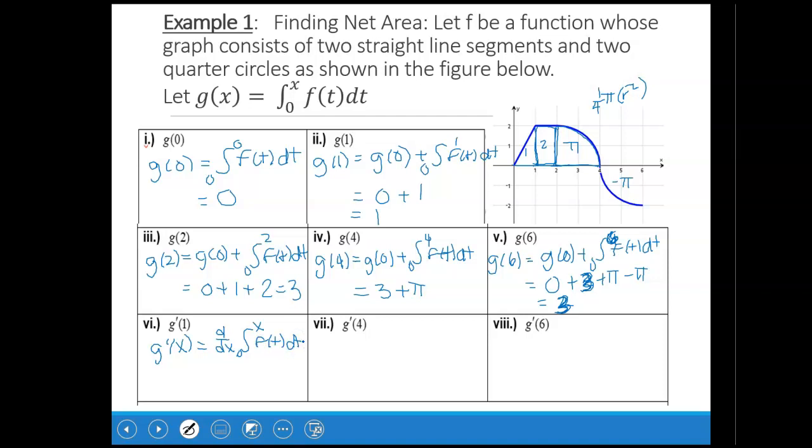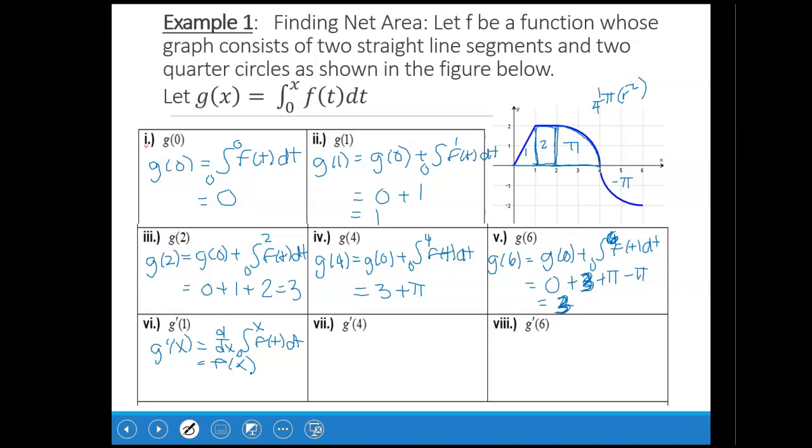So g prime would be like taking the derivative of the integral, which means g prime is simply f of x.